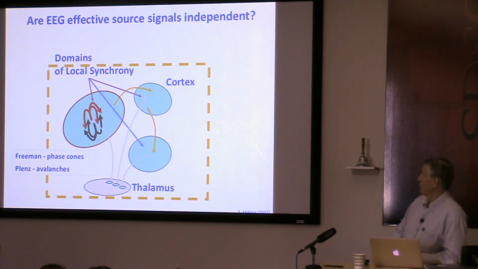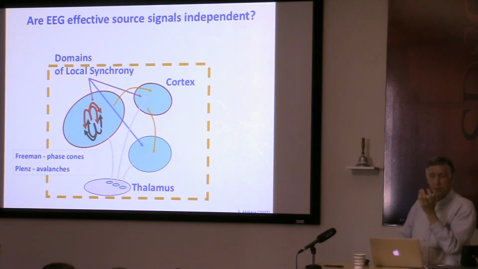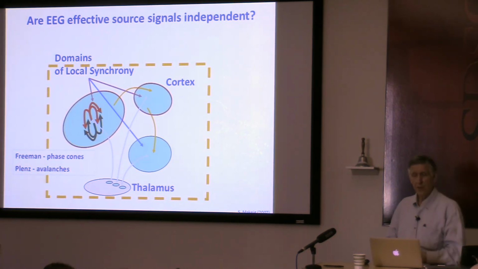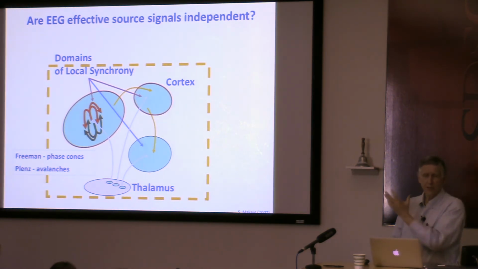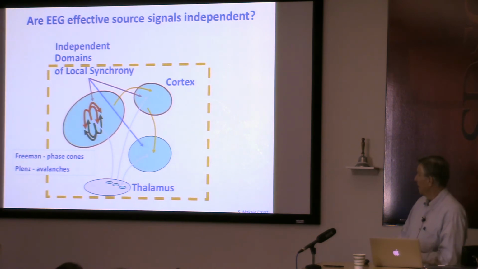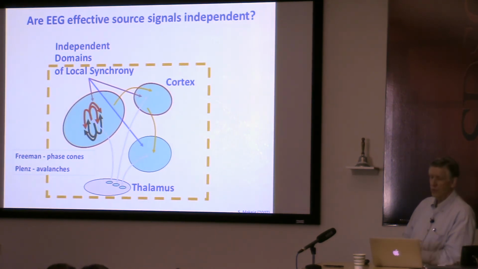Those two facts alone mean that activity should spread through these emergent islands of relative synchrony in independent ways. There's no strong connections to keep them going. And so the idea that these represent independent domains of local synchrony is physiologically very plausible.